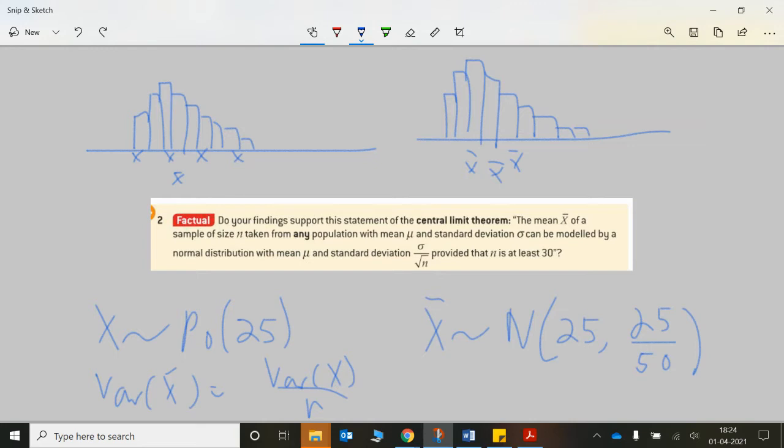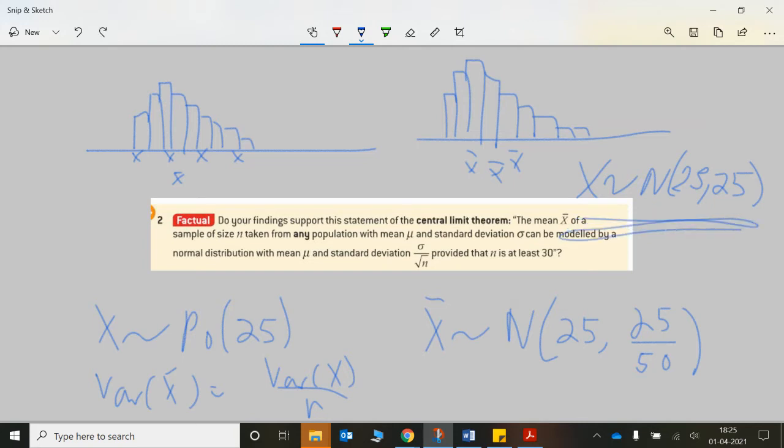Now, if on the other hand X was distributed as a normal distribution to start off with, with a mean of 25 and again, let's say a variance of 25, so pretty much a similar distribution to this, but not quite Poisson, a bell-shaped curve using continuous data, of course.